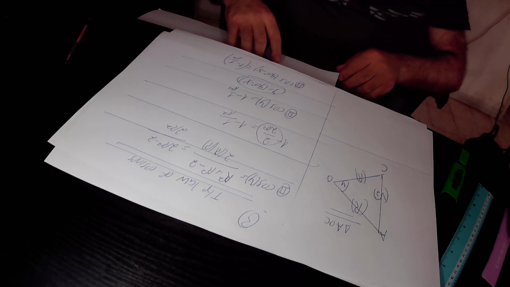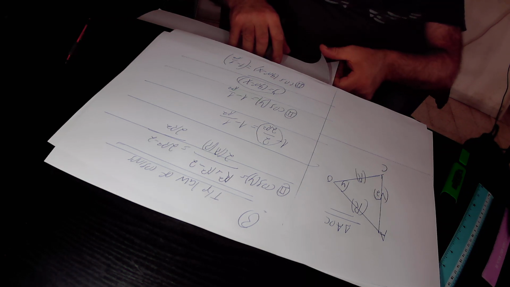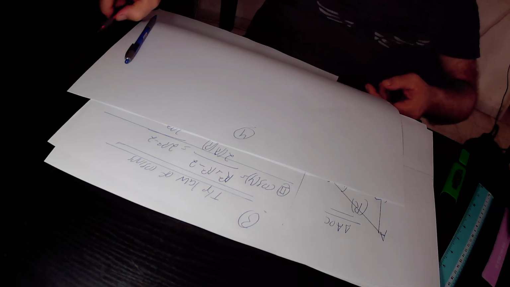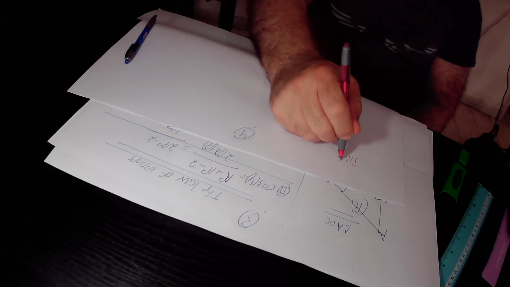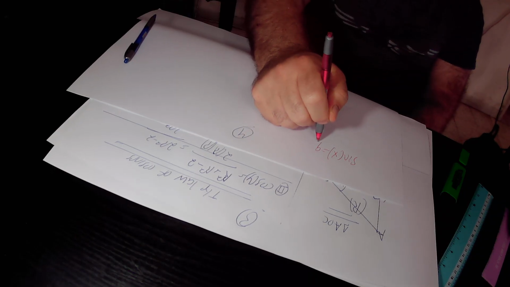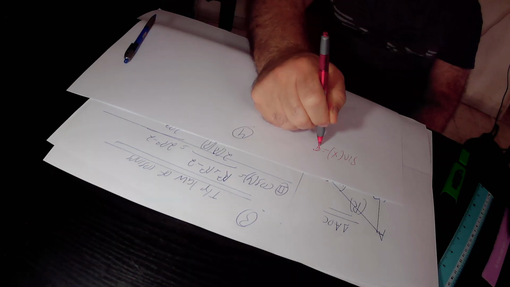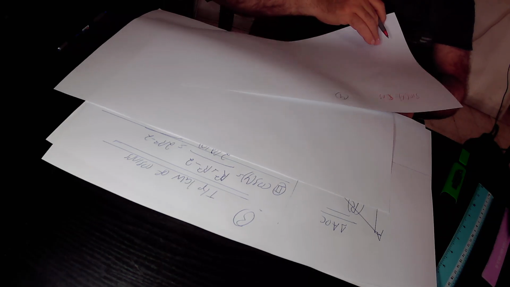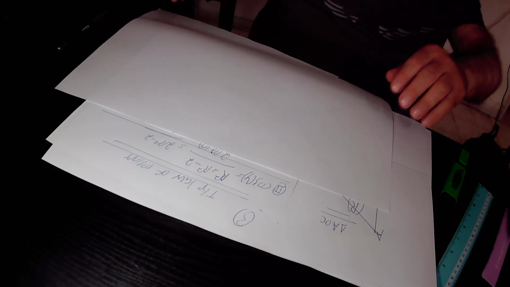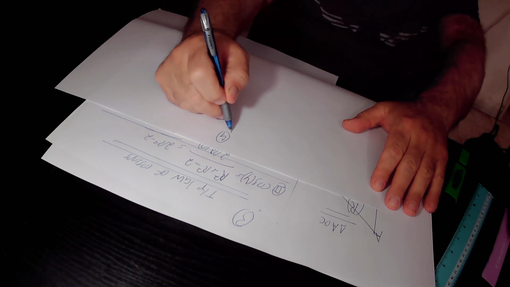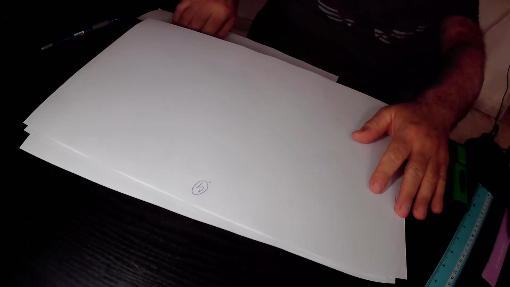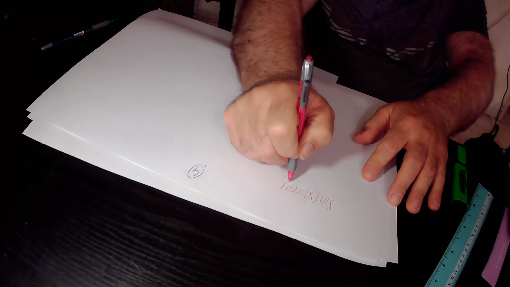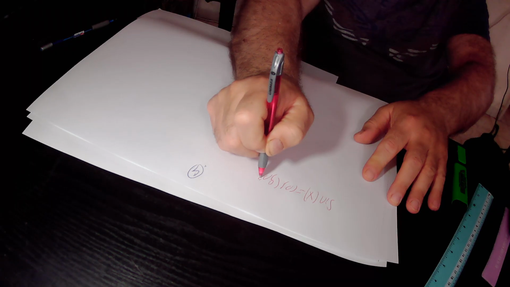But we also have the trigonometric identity. It states that sine x equals cosine 90 degrees minus x.